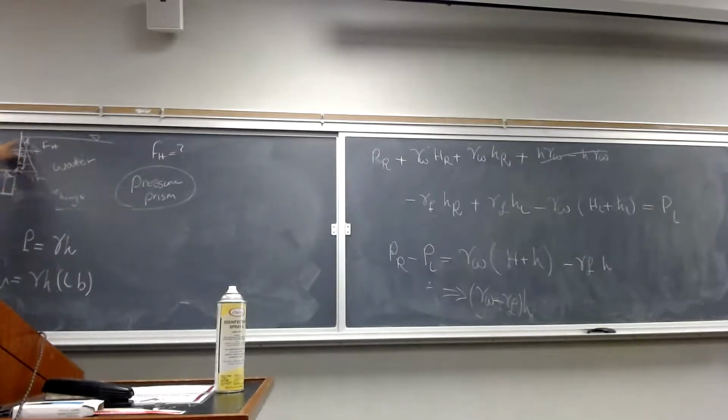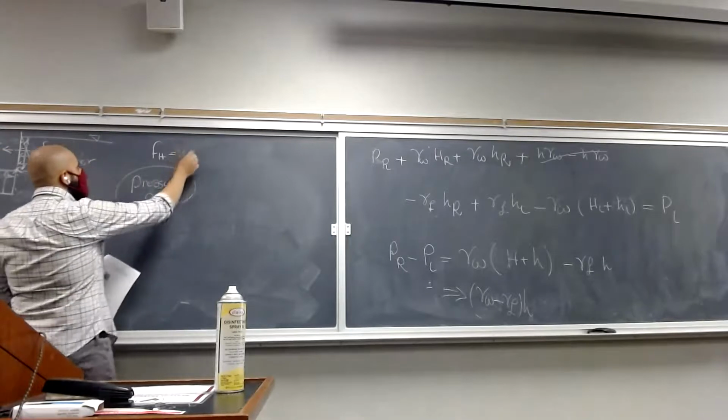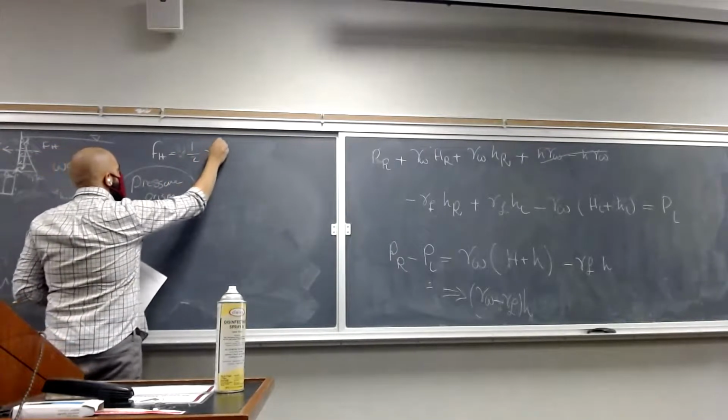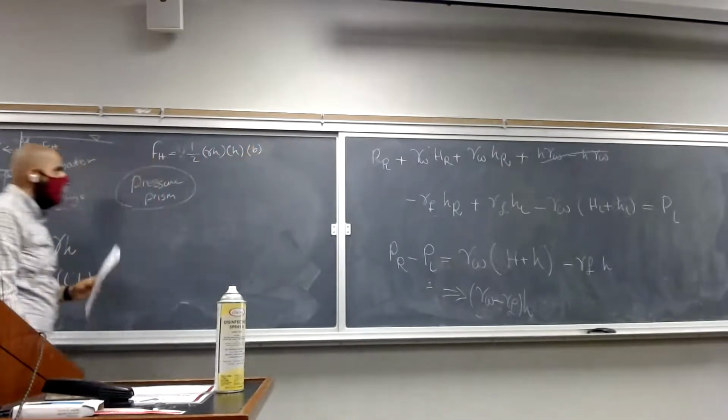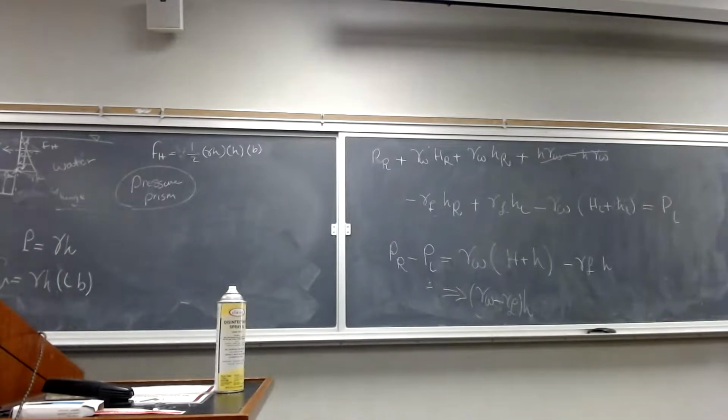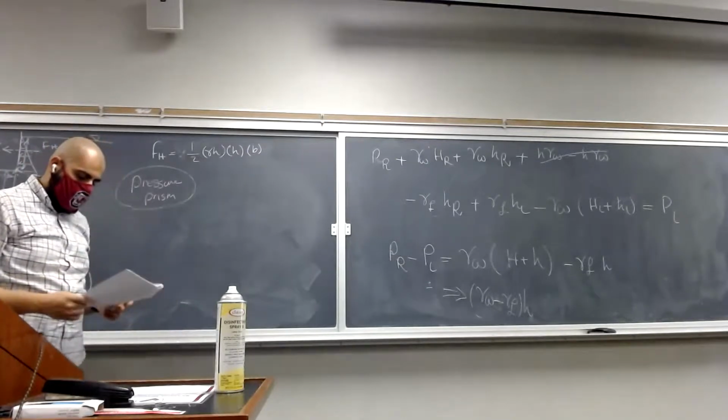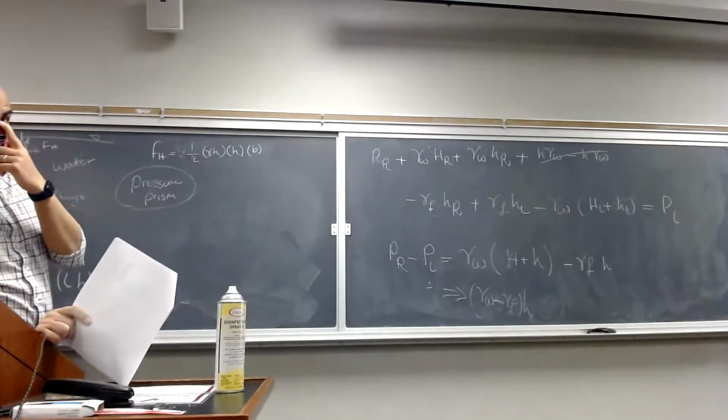So it is going to be this area multiplied by the depth of this gate. The depth is going to be B. This area is going to be 1/2 gamma H multiplied by H, right? So 1/2 gamma H multiplied by H multiplied by B. Okay. Are there any questions here?